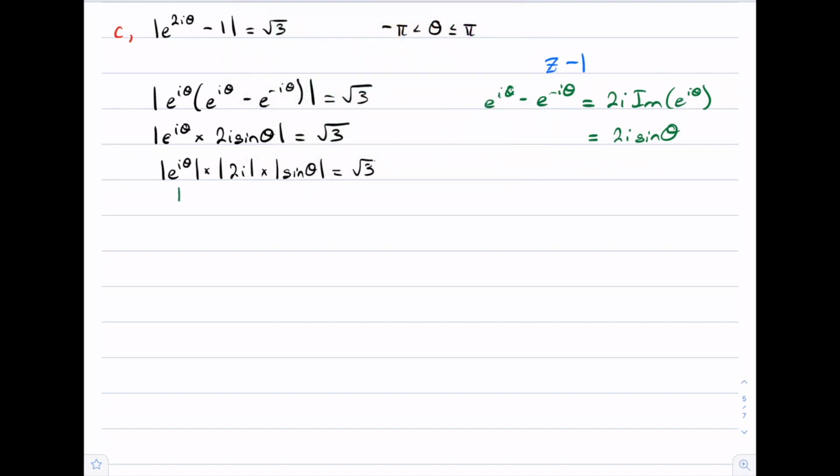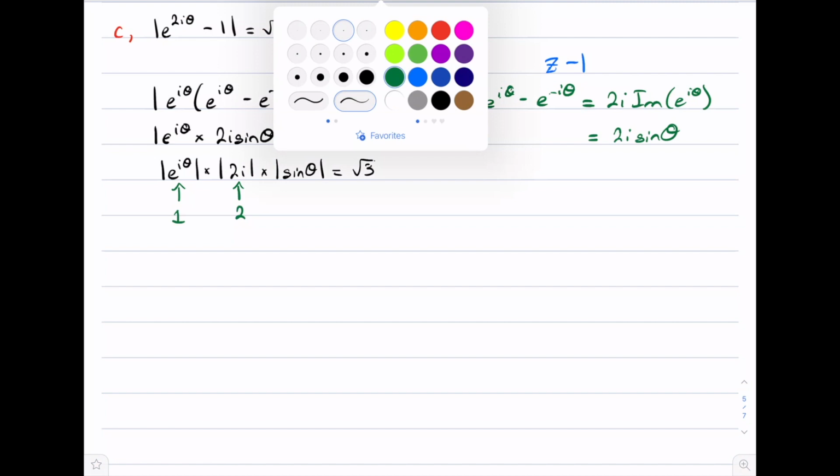Now the modulus of e to the i theta is 1 because this lives on the unit circle. The modulus of 2i is the modulus of 2 times the modulus of i, so that's 2 times 1, so this is 2. And then this part, the modulus of sine theta, we're not going to do anything with that yet. So let's continue.